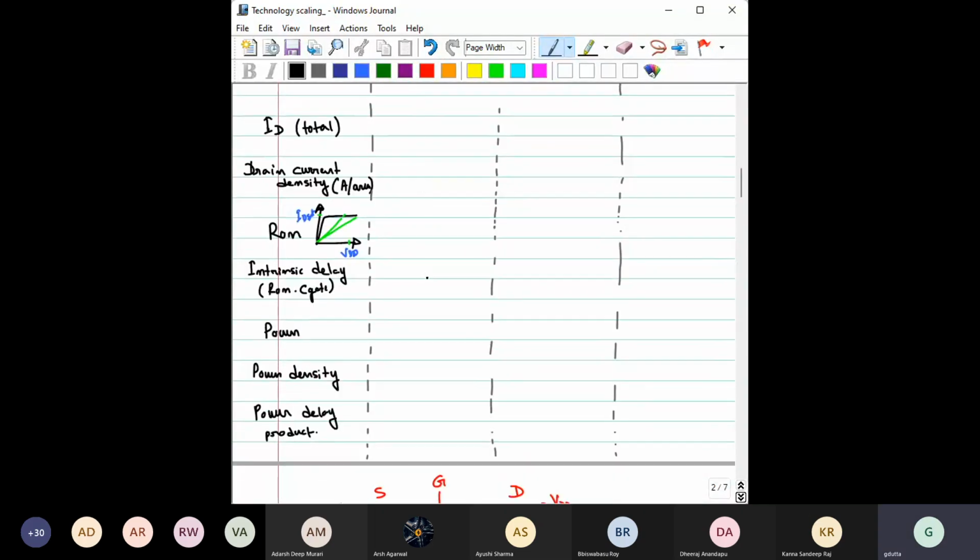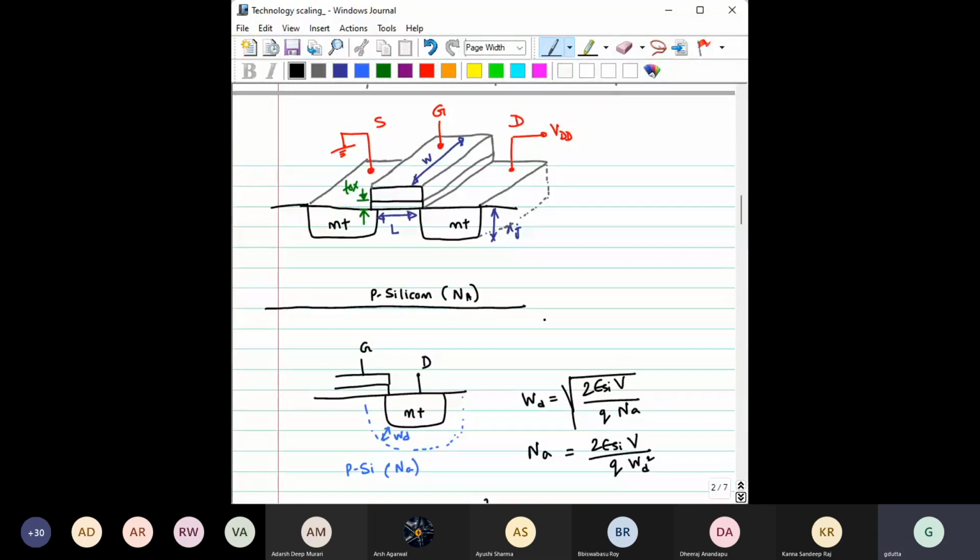Probably not, because let me show one diagram. This is the typical MOSFET structure with length, source, drain, gate. XJ we have mentioned earlier; this is the junction depth. So when you scale this L, this junction depth also has to be scaled down.